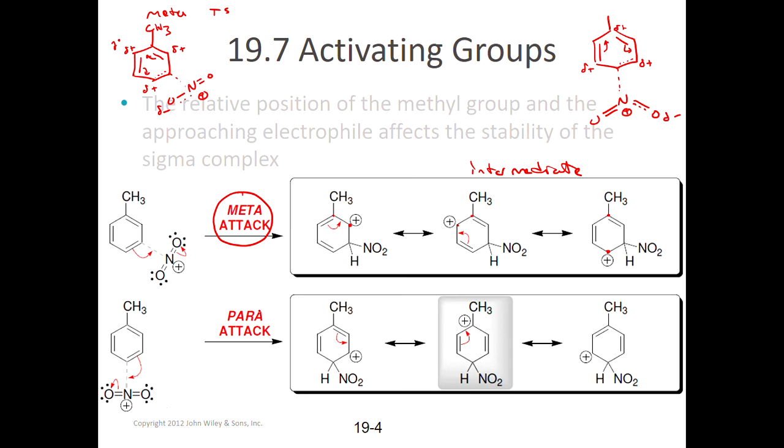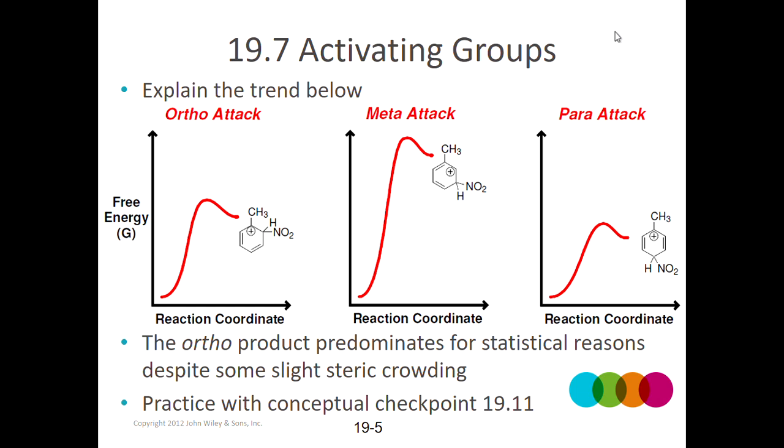So the para attack has a resonance contributor during the intermediate and during the transition state that has some extra stabilization due to the methyl group being able to shift electrons in through induction and hyperconjugation to help stabilize that positive.